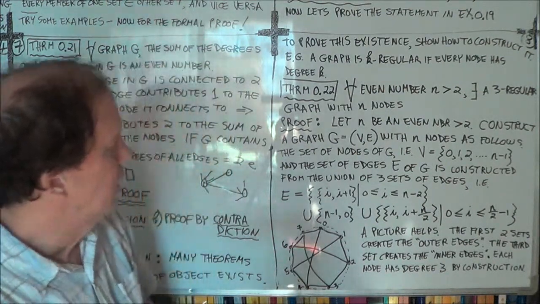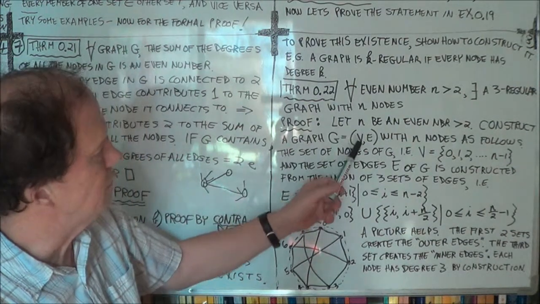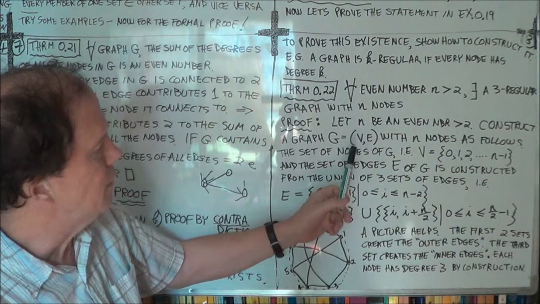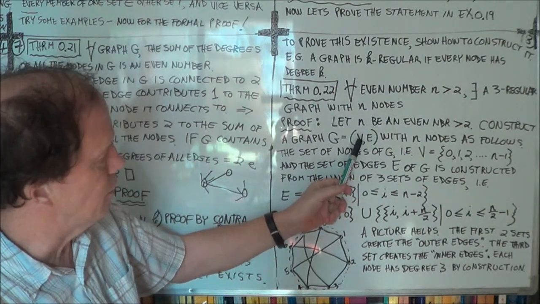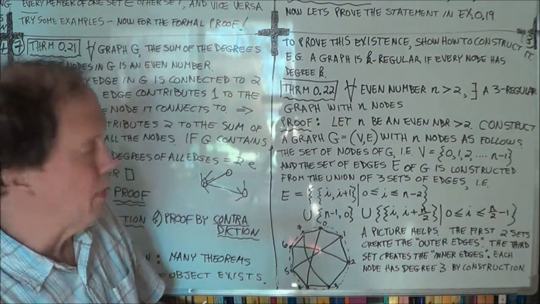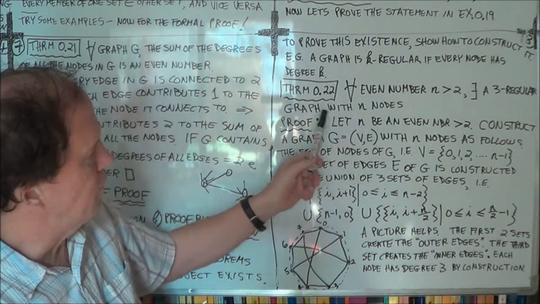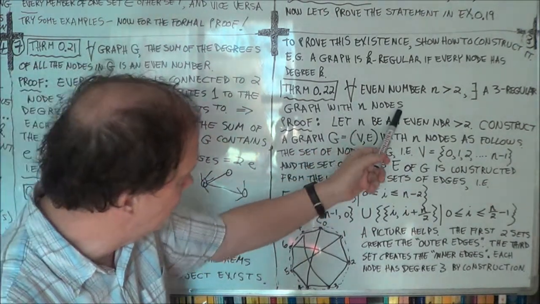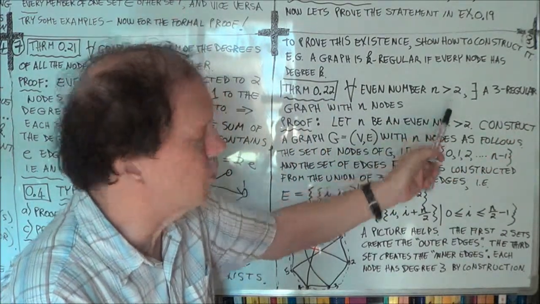Okay. All right. So how do you build a graph? Well, what is a graph? We've done this earlier. It's defined as two sets, the set of vertices and the set of edges. So we have to show that there is a graph with n nodes that is 3-regular, where n satisfies this property.